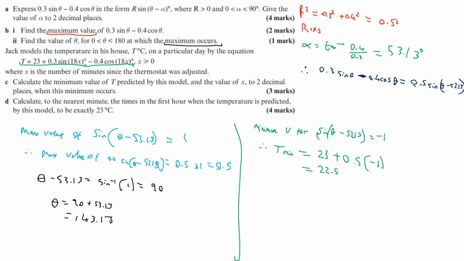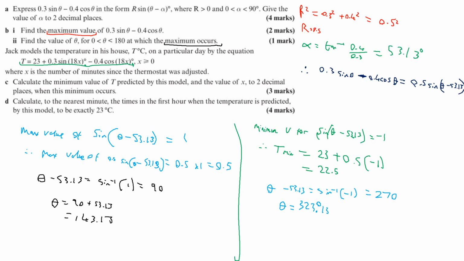And again, we can work this out the same way. So, theta minus 53.13 is equal to the inverse sine of -1, which is equal to 270. And so theta is just going to be 323.13 degrees.